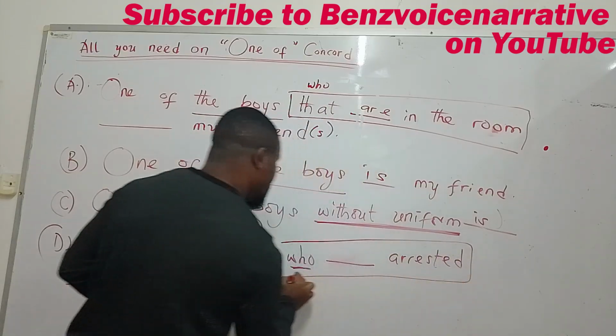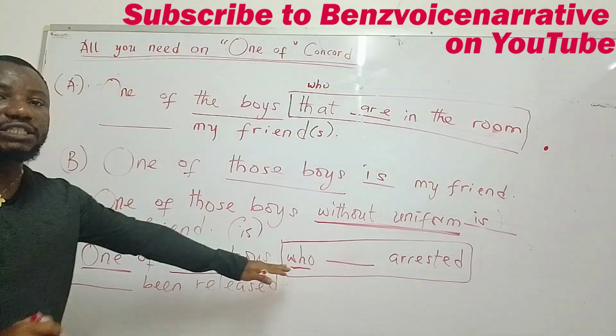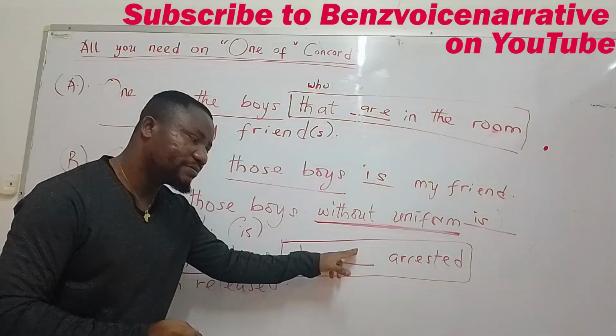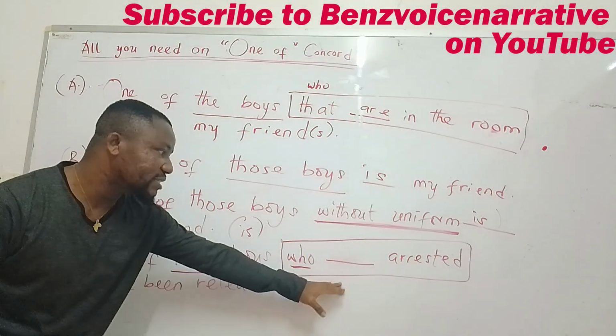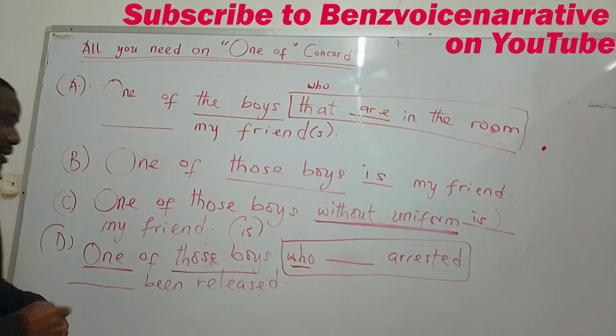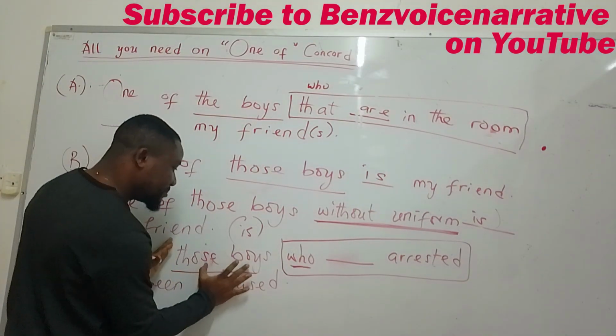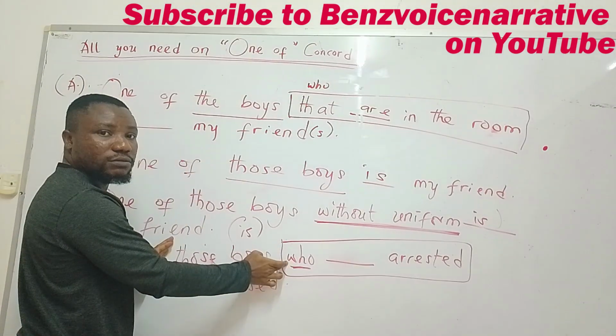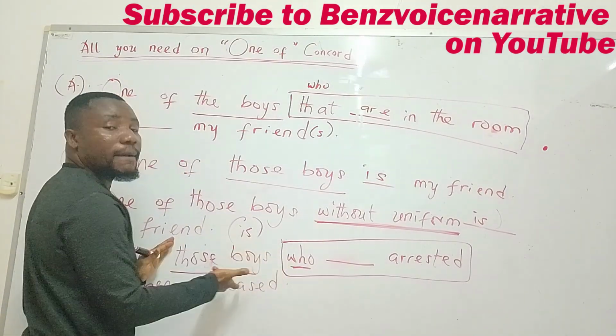This is a relative clause, an adjectival clause. This clause has no business with this number. Rather, it's describing this group that comes before this relative pronoun, those boys.